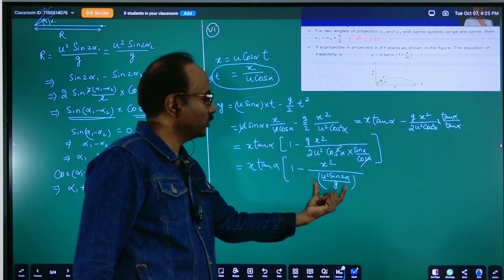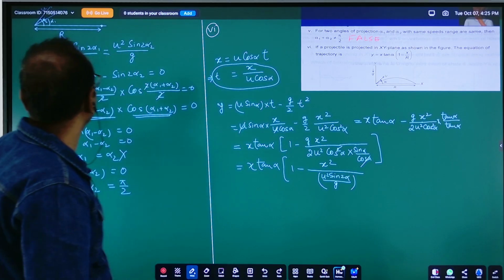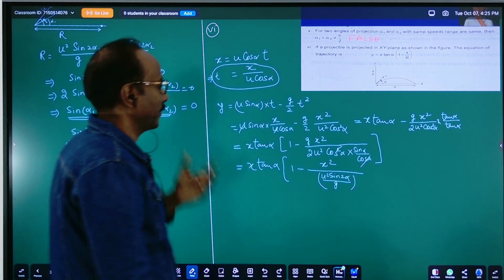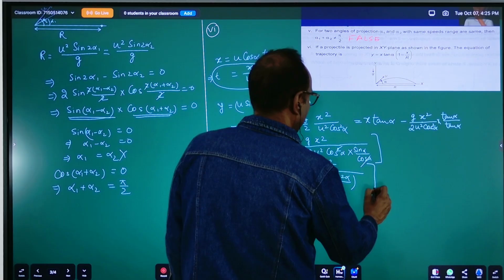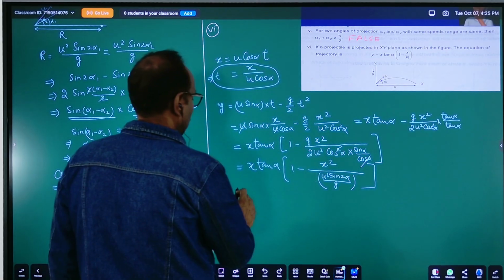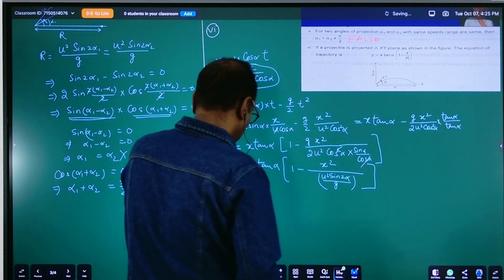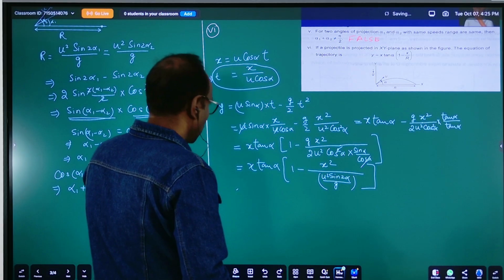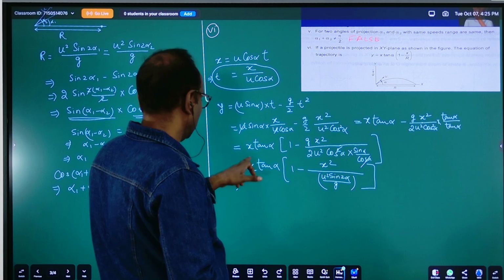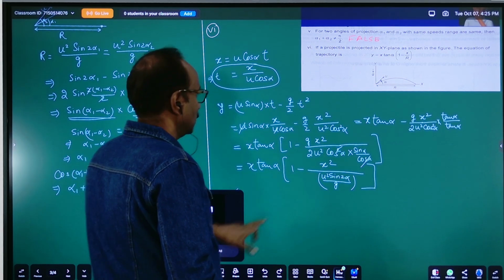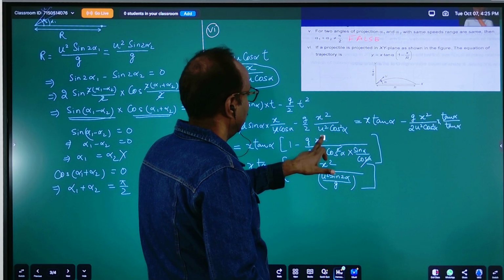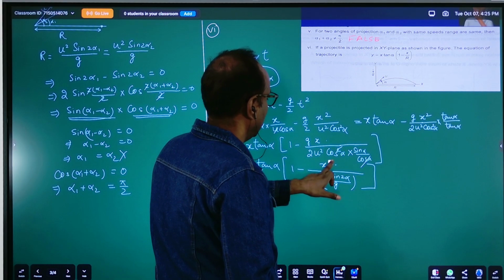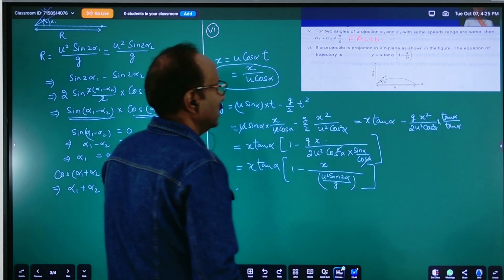So what is this? U square sin 2 alpha by g is the range. You know this formula. Here we have taken x as common, so we will have only x in the numerator.